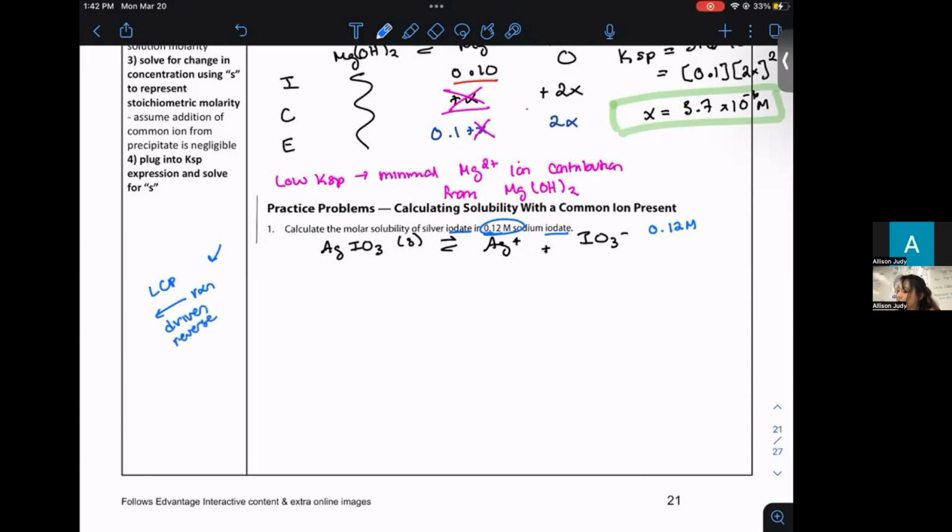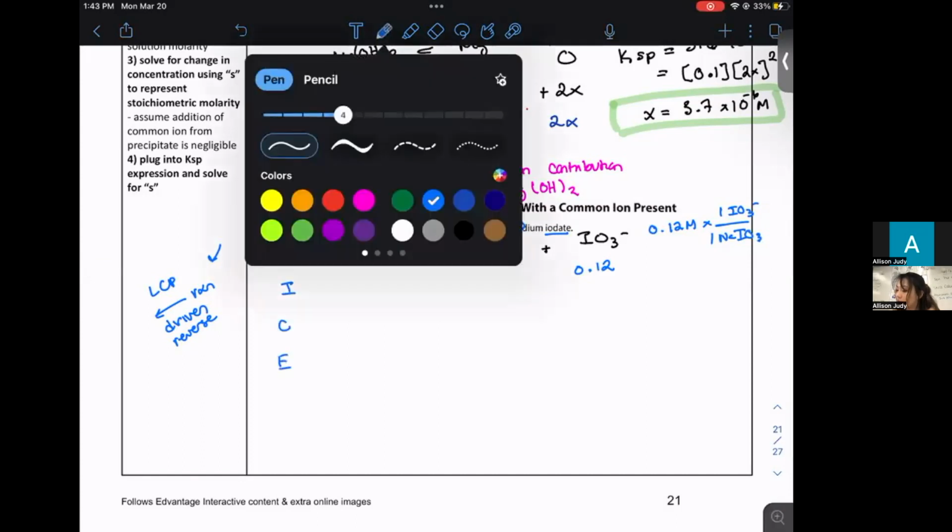So what you're going to want to do is account for this. You know that you have a 0.12 molarity of sodium iodate solvent. For every sodium iodate, you get one iodate ion, so it's a 1-to-1 ratio of iodate. So you're going to plug in 0.12 molarity for the initial concentration of your iodate.